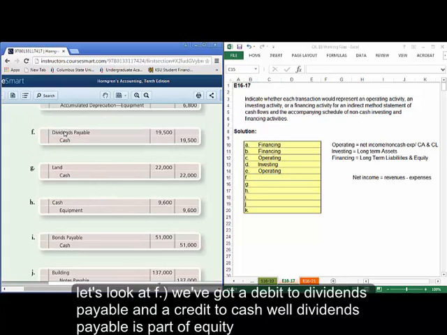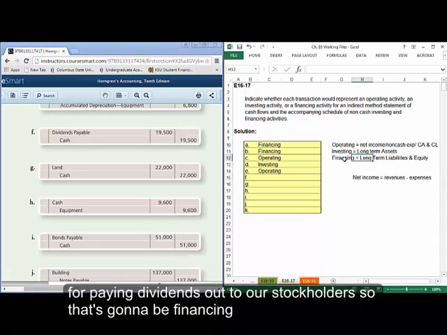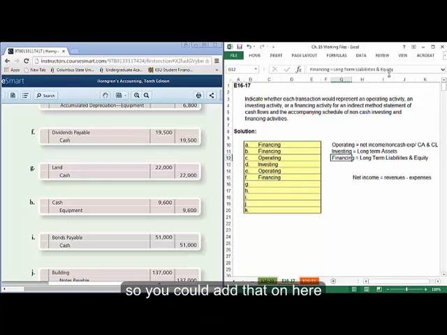Look at F, we've got a debit to dividends payable and a credit to cash. Well, dividends payable is part of equity, right? We're paying dividends out to our stockholders, so that's going to be a financing. So you could add that on here. Dividends, okay.